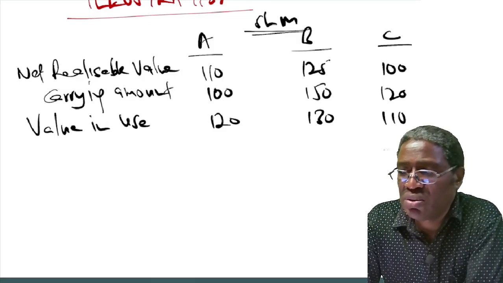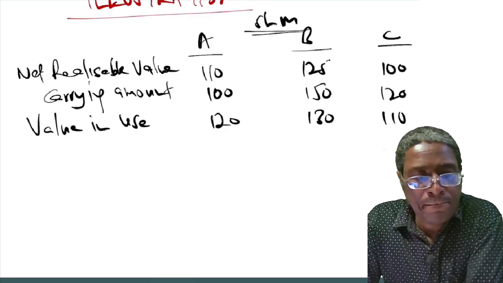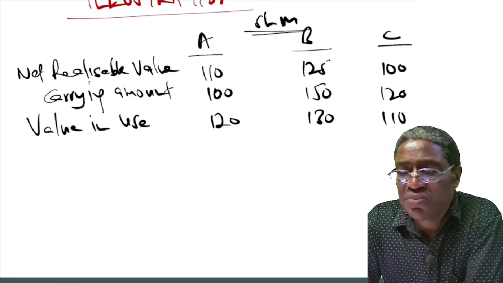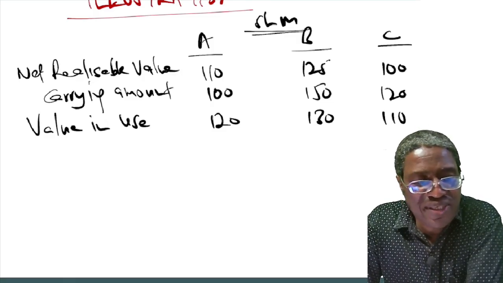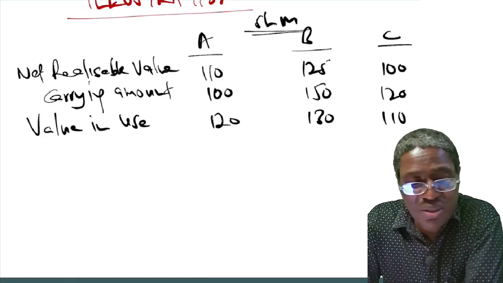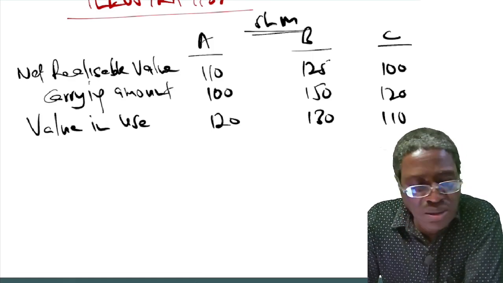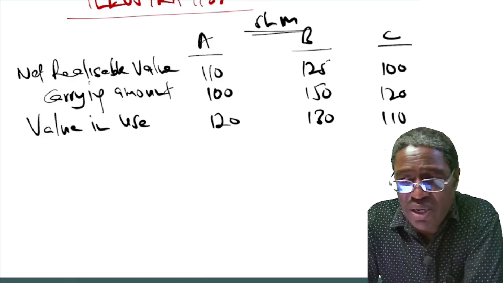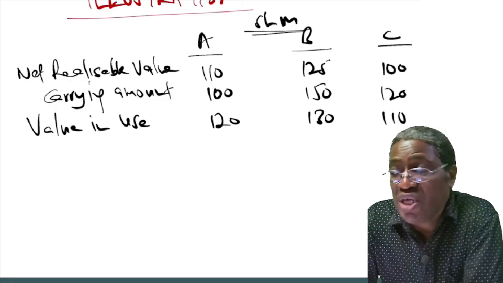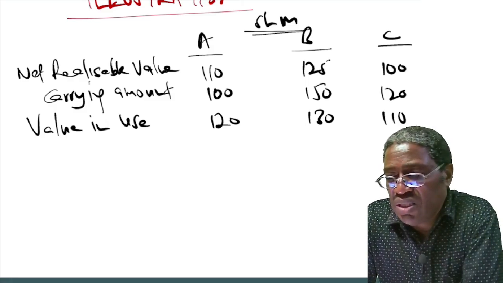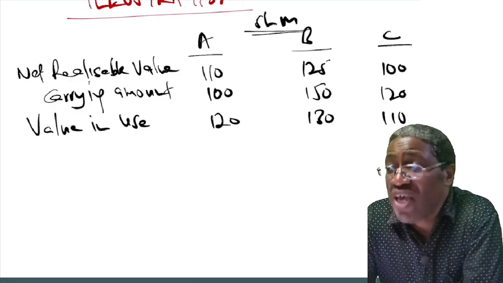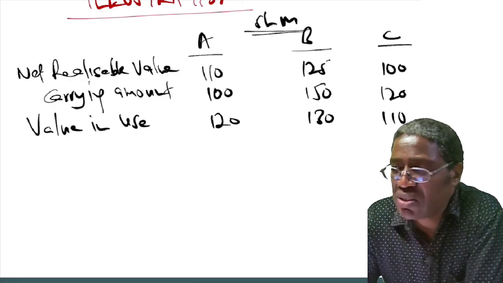Number 2, determine the impairment loss, if any, for each asset.